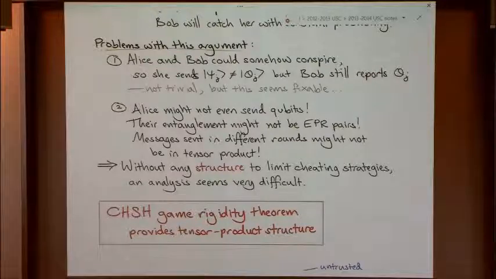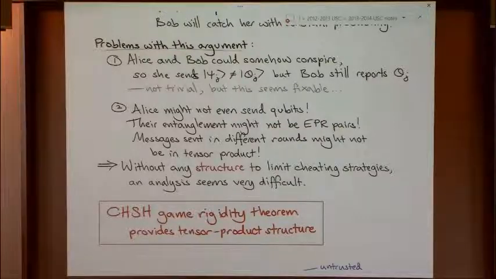But I think a more interesting problem with this kind of argument is that the cheating strategies could be much more sophisticated than just sending the wrong quantum state. It could be that Alice doesn't even send qubits to Bob. It could be that they don't even share entangled e-bits. Maybe they share some other kind of entanglement. Maybe Alice isn't sending information in tensor product, she's just sending some large state.